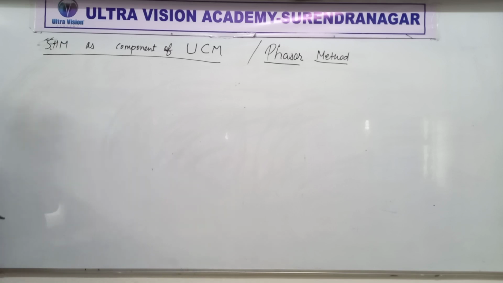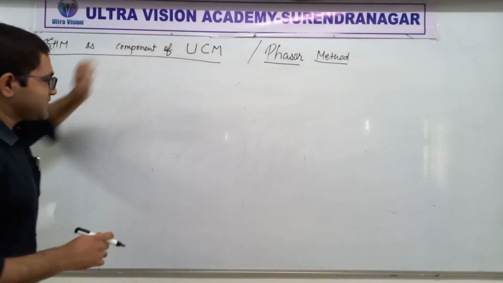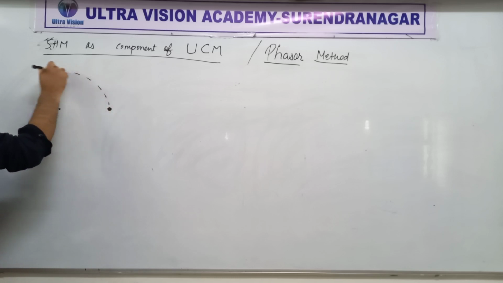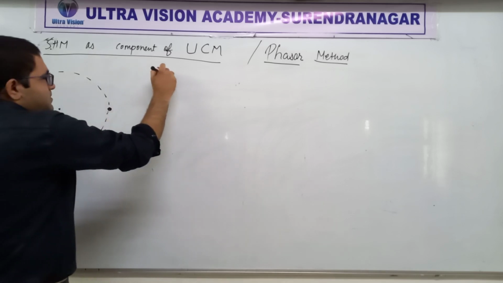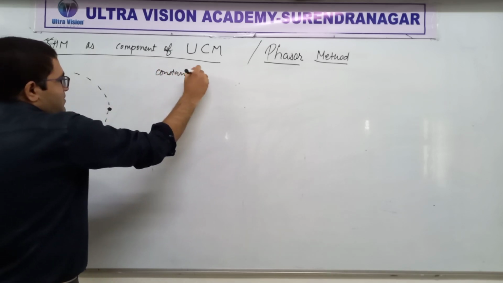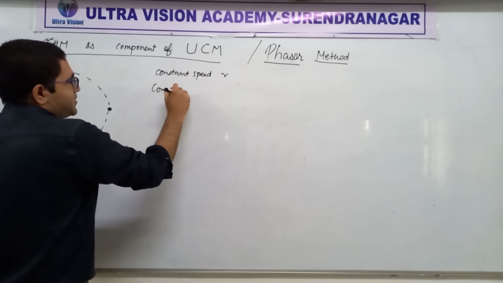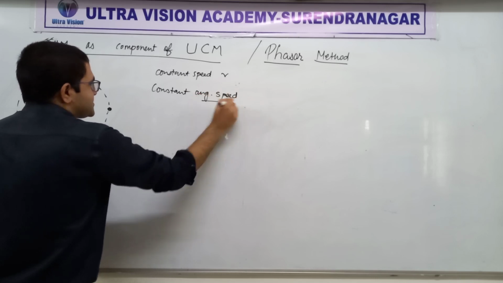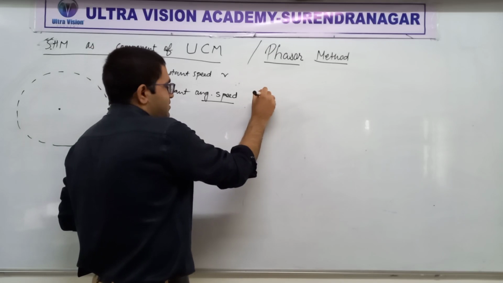Let's start. First of all, I want you to recall uniform circular motion. Uniform circular motion is where some particle moves in a circle, correct, with a constant speed v and with a constant angular speed omega.